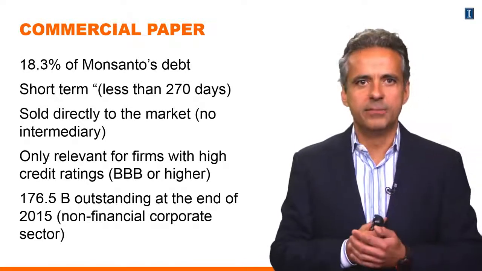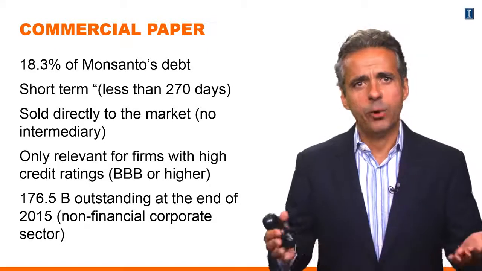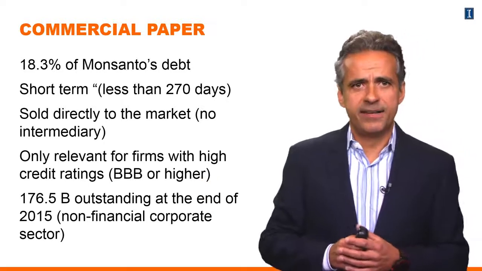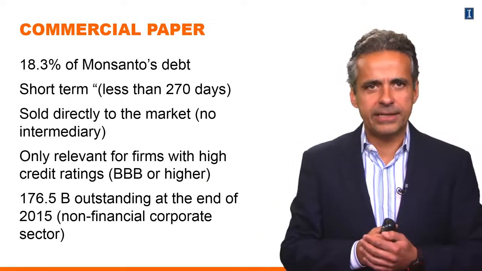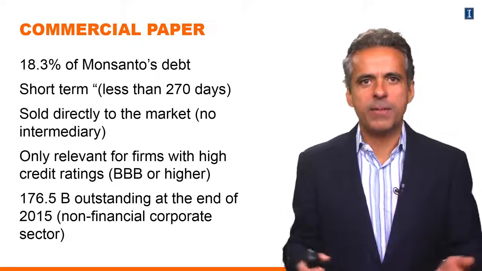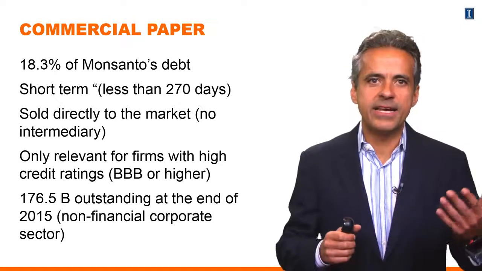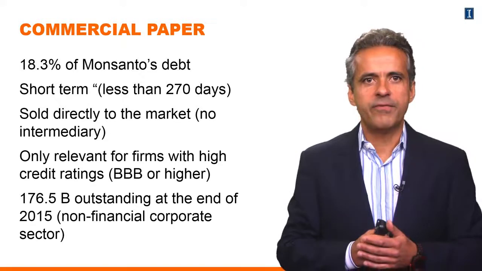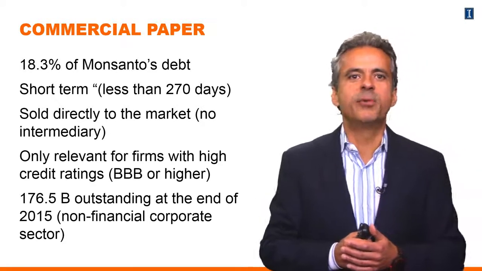If we look at the data, I pulled from the financial statistics of the United States how much commercial paper was outstanding for the non-financial corporate sector at the end of 2015, and the figure was $176.5 billion.